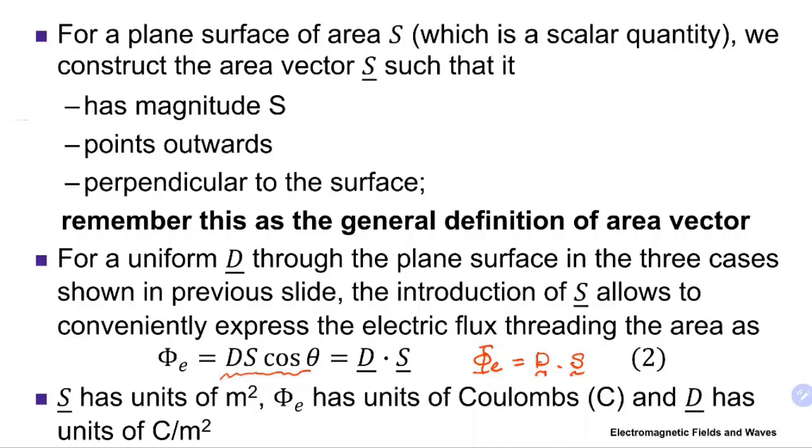This vector S has a unit of meter squared because it's an area. Just like any area, except that this area that we define is a vector. Although normally area is not a vector, we define it for convenience here so that we can introduce an equation for the electric flux. So D dot S, where S is the surface area vector. And we deliberately define this vector to be normal to the surface.